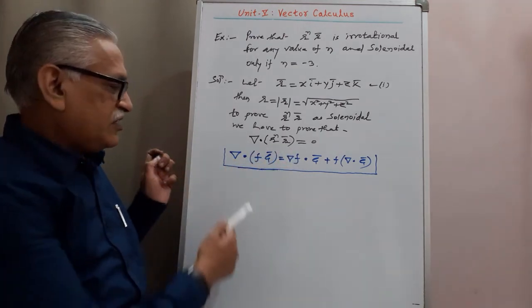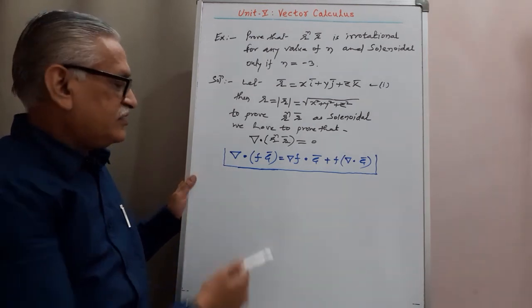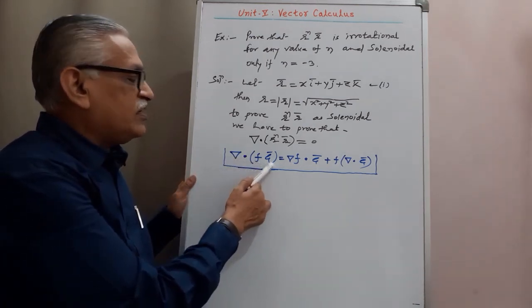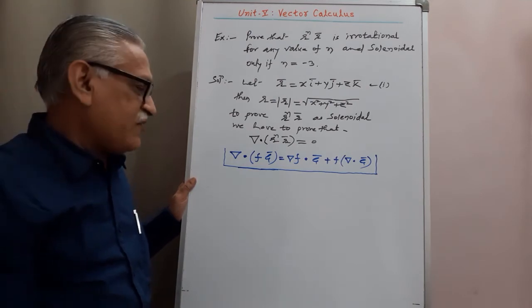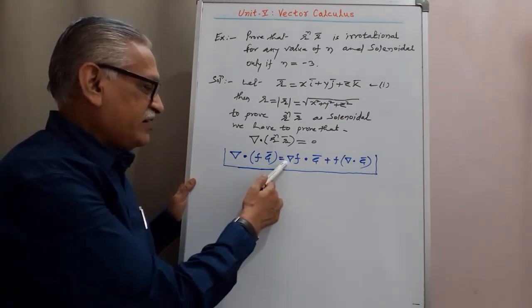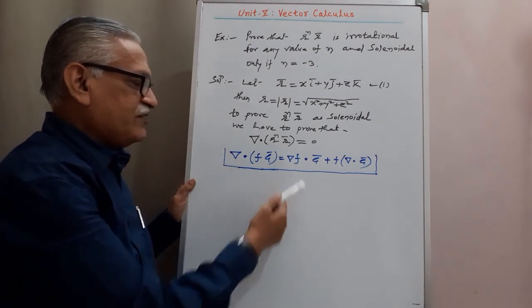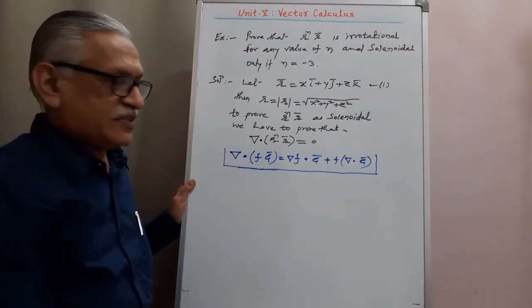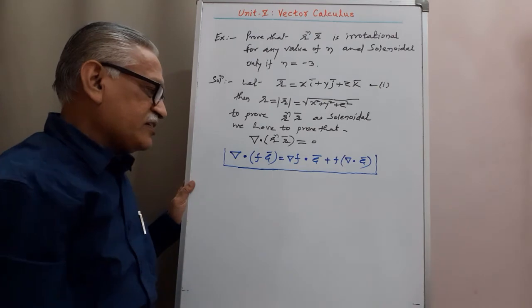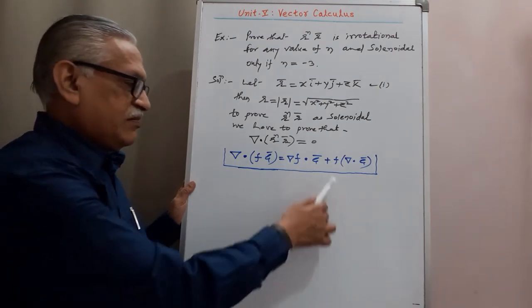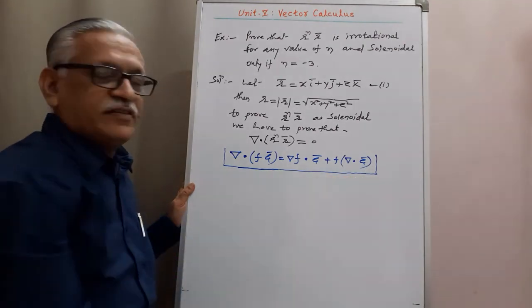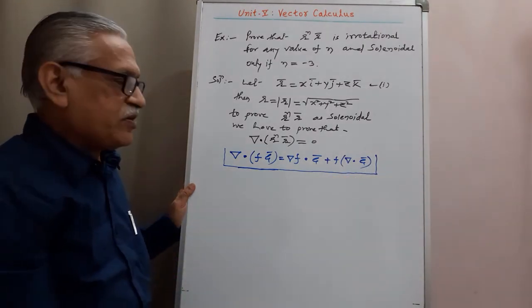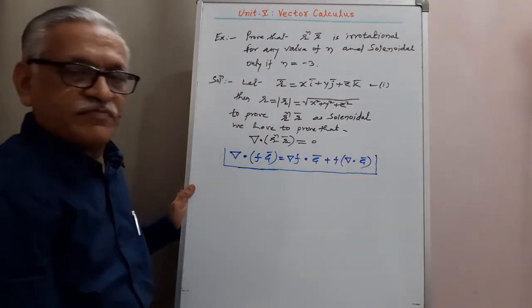And to prove this, we use this standard result, del dot f g bar. Dot product with that function means it is a divergence. And that result is del f, derivative of first function, dot product with second term g bar, plus first term f, derivative of second by dot product, that is del dot g bar.